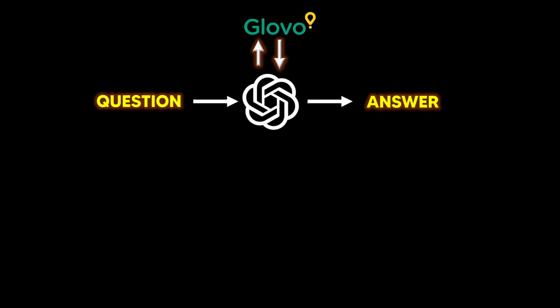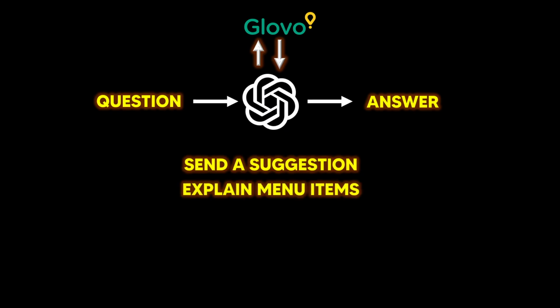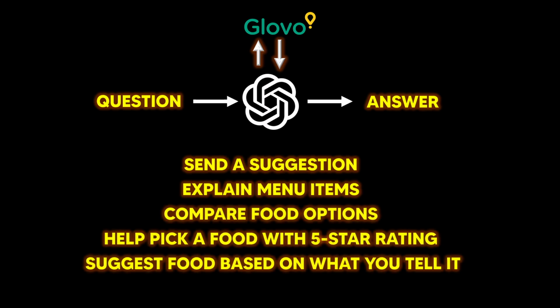And the things I said it could do, it could send a suggestion or explain menu items on Glovo for you because you've given it access to Glovo, right? And then it can do other things like helping you pick a food or suggesting food based on what you tell it, right?